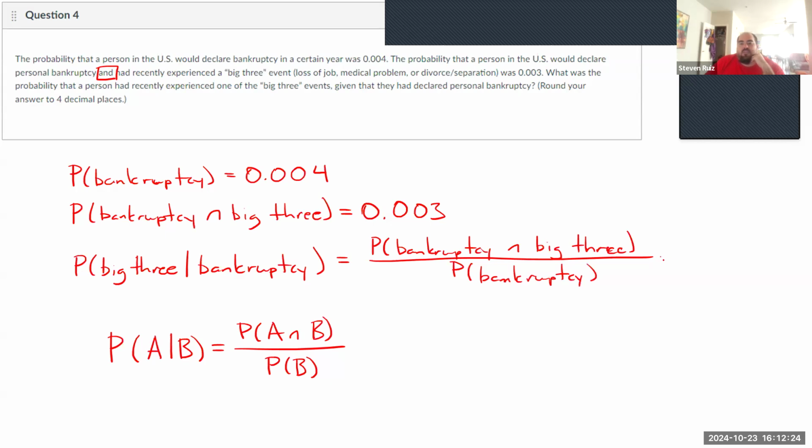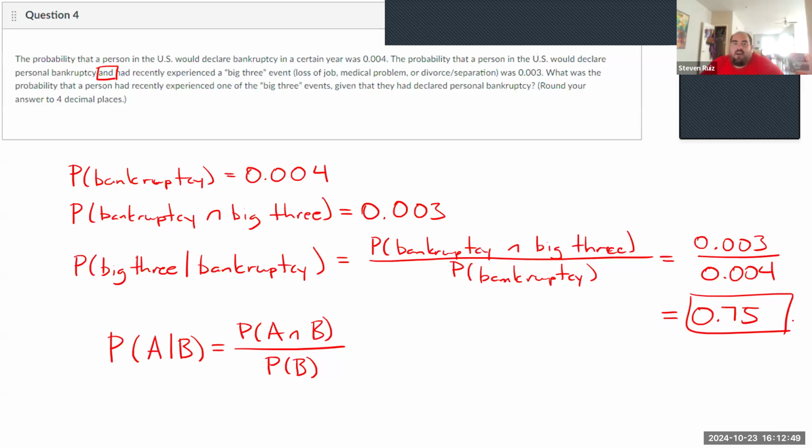So what are these individual probabilities? The probability of the intersection is 0.003, divided by the probability of bankruptcy on its own. Simplify this, what do we get? Essentially 3/4 or 0.75.